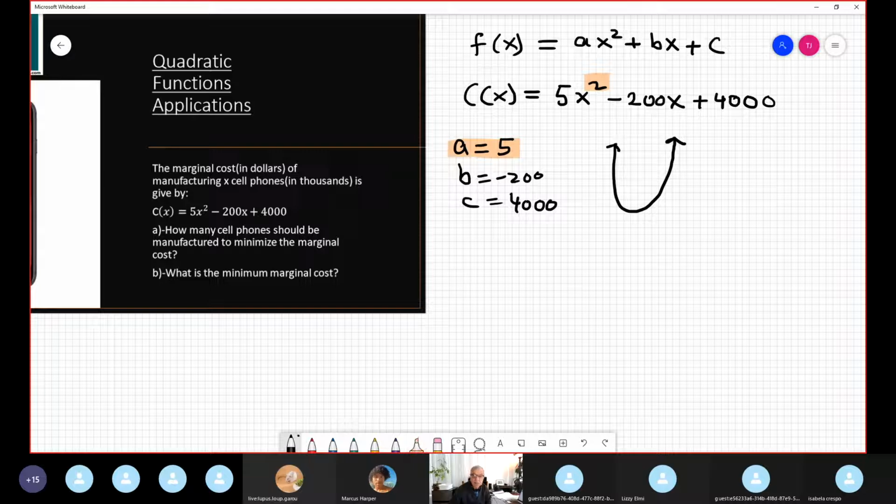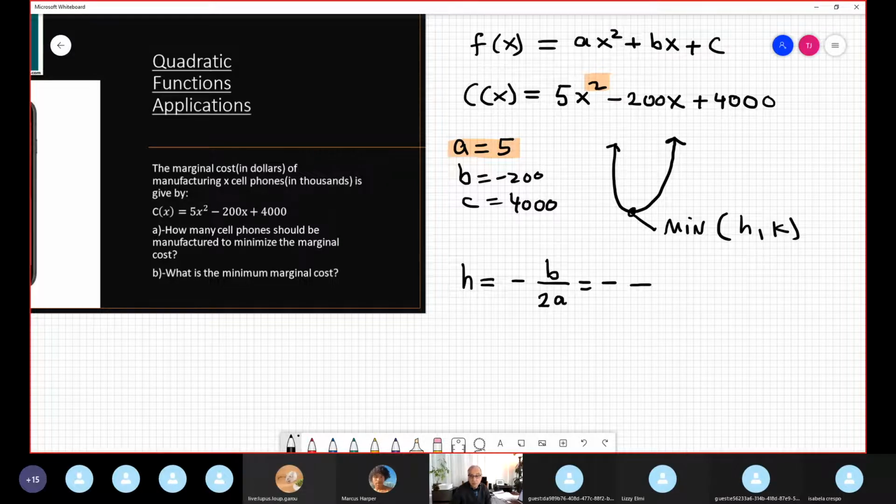And I need to find the minimum that always occurs in the vertex, h, k. Likewise, you need to find h. H represents the x component, and the x component in our word problem represents the number of cell phones in thousands. And k represents the cost. Okay, I need to minimize. So the same formula. H is equal to minus b over 2a.